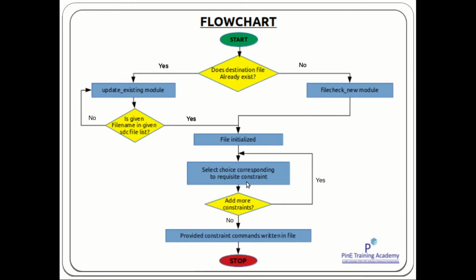And if the user wants to stop appending constraints to the file, the provided constraint commands along with the parameters given by the user are written in the file. So this is pretty much the flowchart of the project.